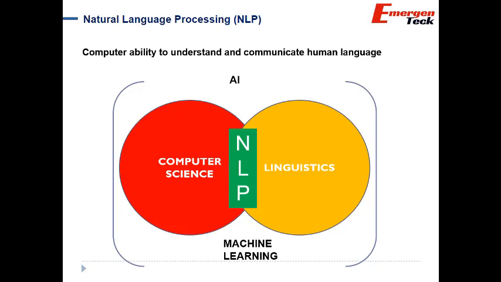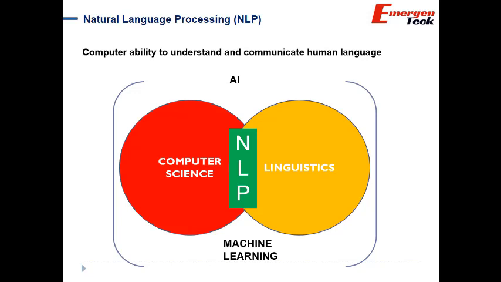It's an intersection between computer science and linguistic data, programmed in such a way that it will imitate the human language and give a personal touch to the computer, so it can understand, analyze and process a large amount of data from text, from email, or even from speech. That's what is called NLP.